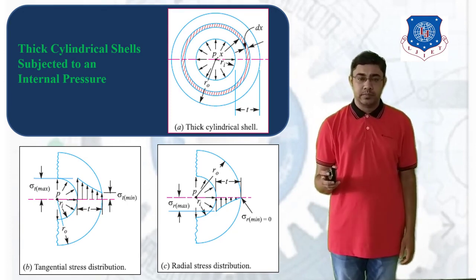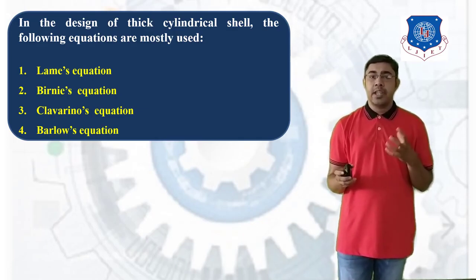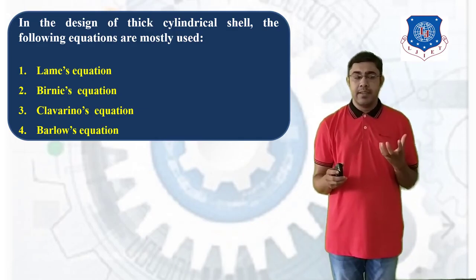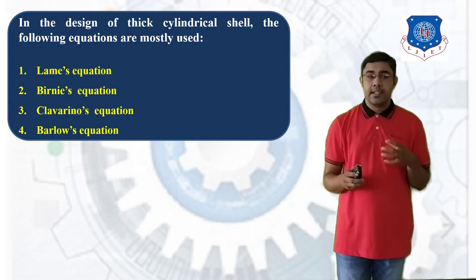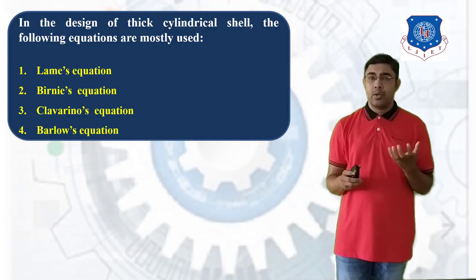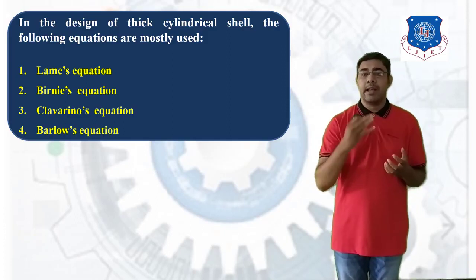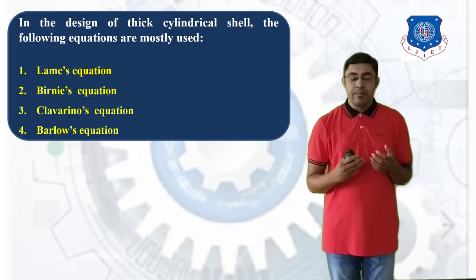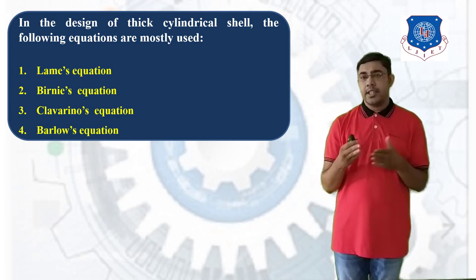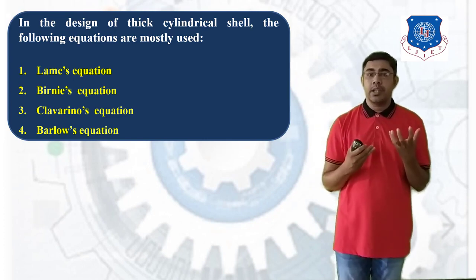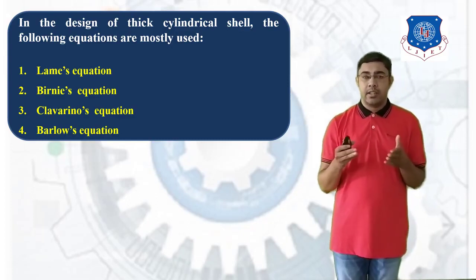Now, in thick cylindrical cells, we have to follow the equations according to Lame's equations, Birnie's equations, Clavarino's equations, and Barlow's equations. These four equations we have to use in the design of thick cylindrical cells, according to the conditions of the materials and the end connections.